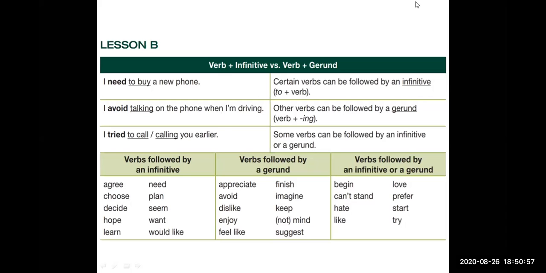say, I am working. Exactly. The problem is, in that case, you are talking about present continuous, right? Present continuous is the verb to be plus a gerund.